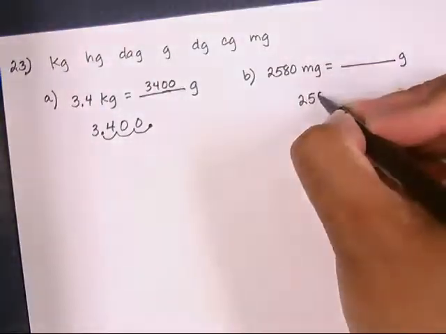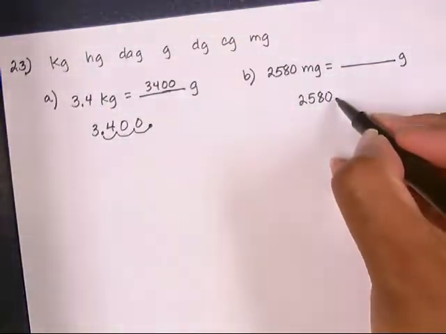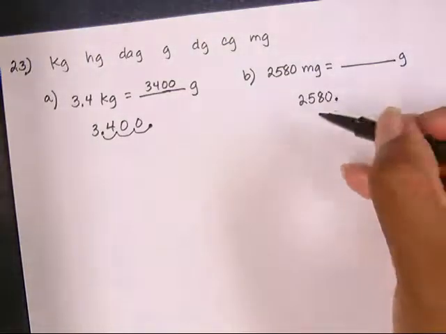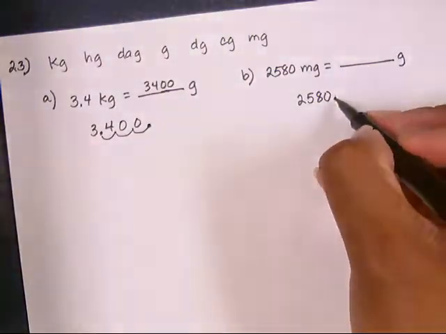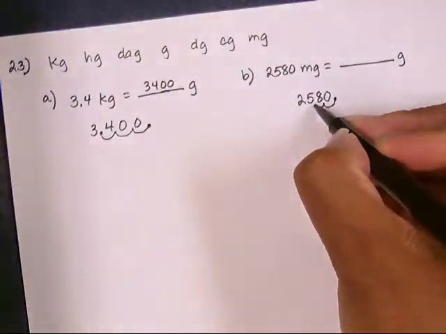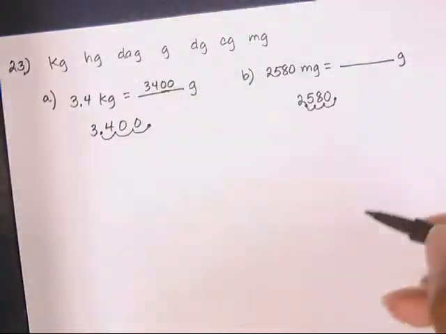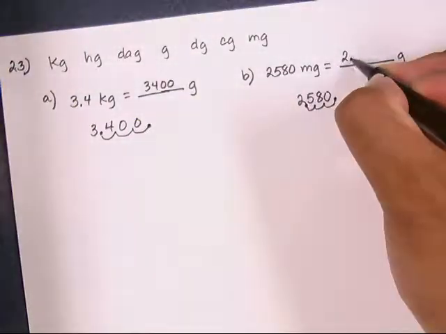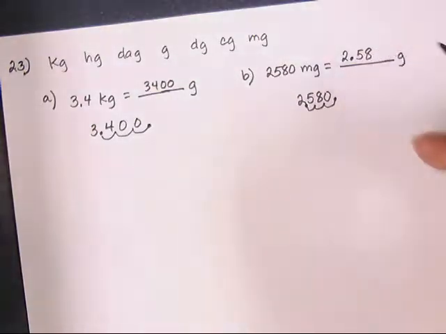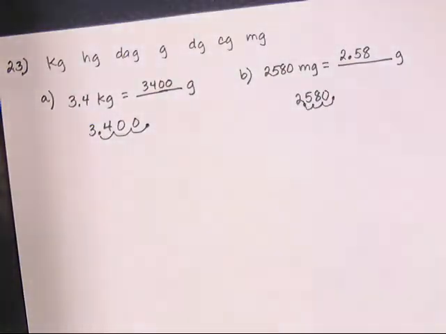So in the number 2580, keep in mind the decimal point is behind the very last digit in a whole number. We move that decimal point 1, 2, 3 places to the left. So the decimal point will be behind the 2. So 2,580 milligrams will be equivalent to 2.58 grams.